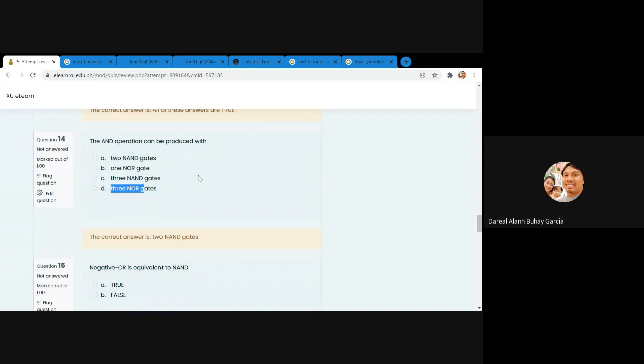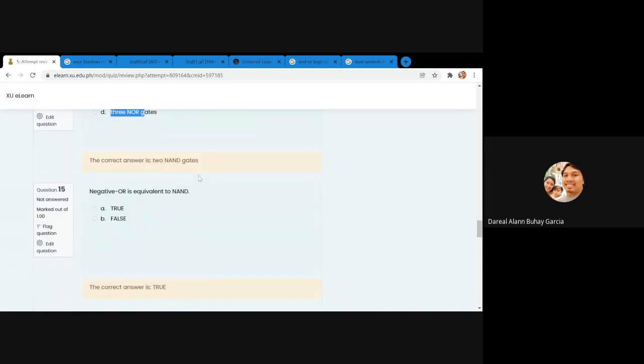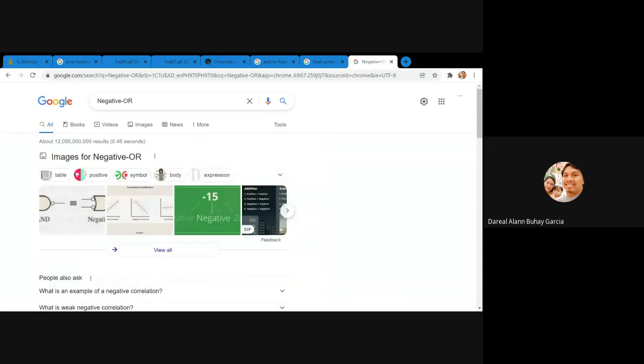Negative OR is equivalent to NAND. False. Not true? Okay.